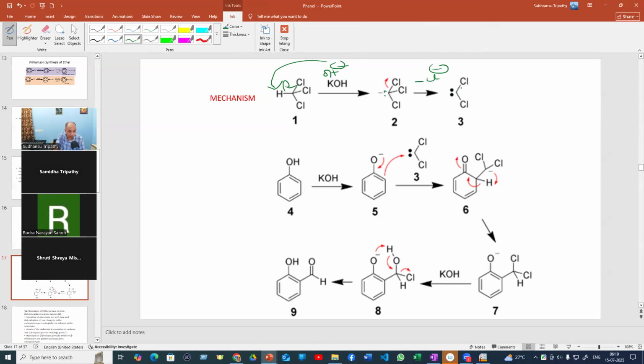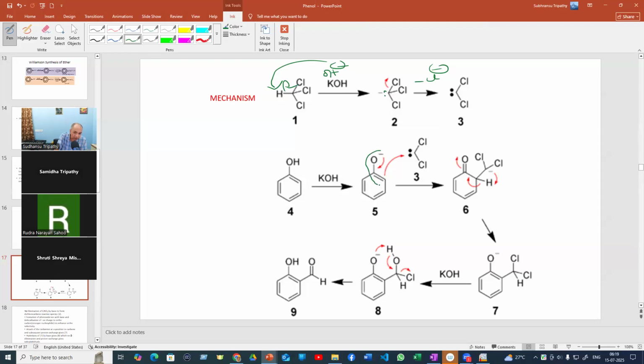You remember that although it has a lone pair, carbenes are electrophiles because it is a sextet, electron deficient. They will accept electrons, acting as an electrophile. So what happens? This OH minus will first remove this proton to make it phenoxide.